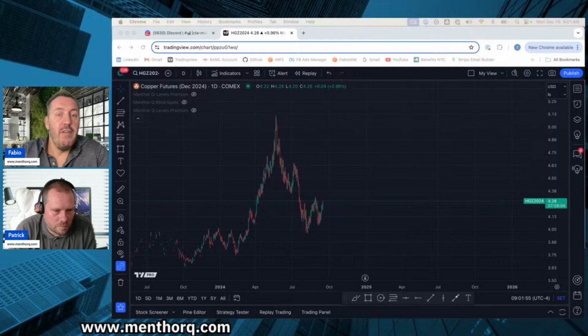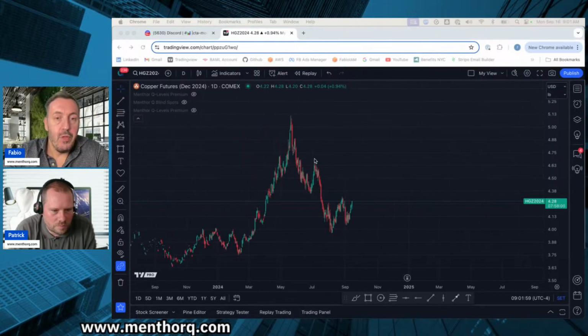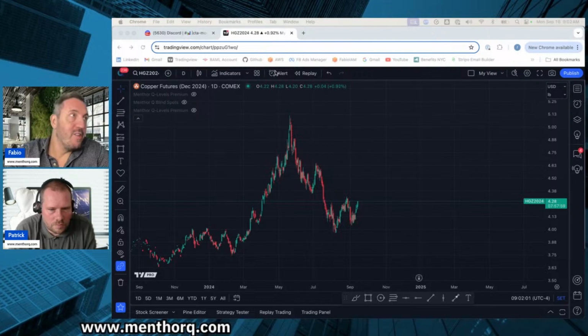So first, if we look at copper, this is the historical chart over the past few months. We see that copper is in a downtrend, and this is also caused by macro events. We see the slowdown of the economy in China, bad results coming from the Chinese market, and that's affecting the demand for copper.